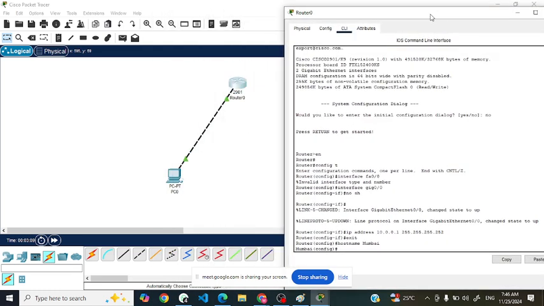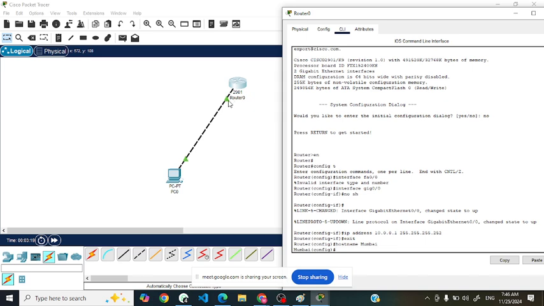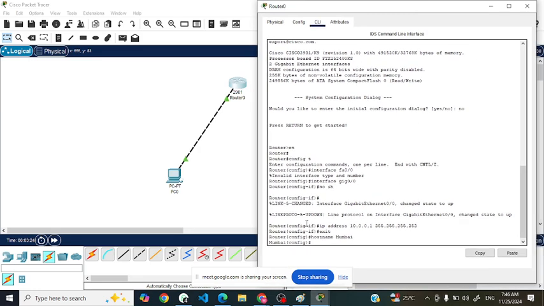Then we use the no shutdown command so that this interface comes up. You can see the router message that the interface changed state from down to up. Then we will change the host name, and I am configuring the host name of this router as Mumbai.